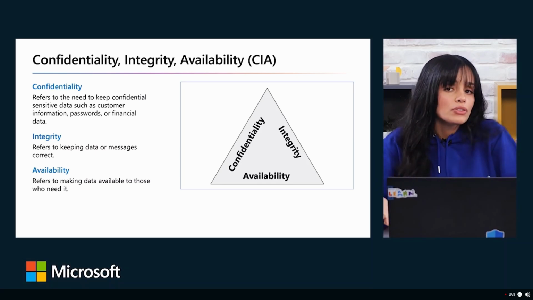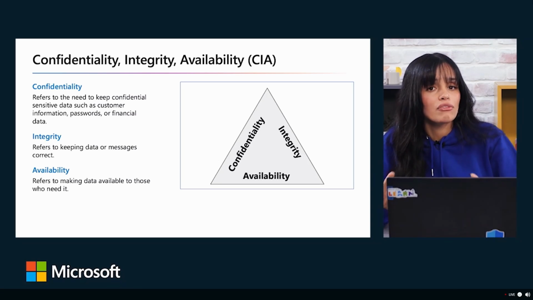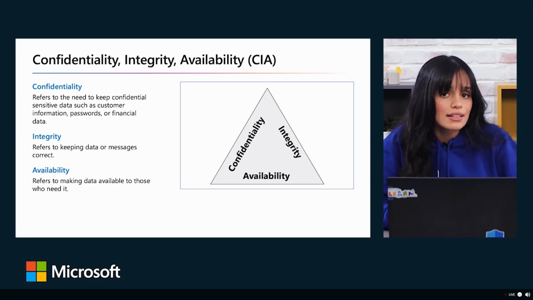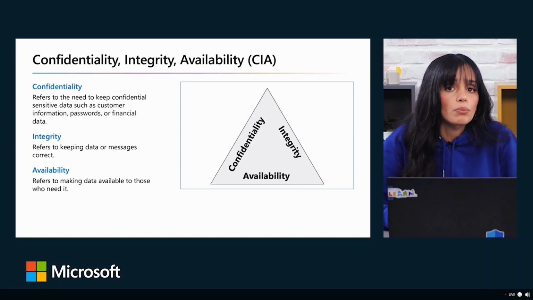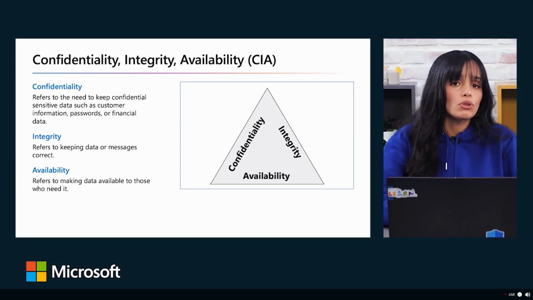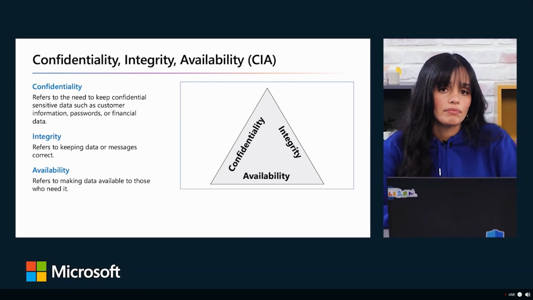Finally, we will talk about availability. This refers to data being made available to those who should be working with it. For instance, if I have access to a project or file that I'm working on, I should be able to open it and work with it as and when it is appropriate for me to do so.